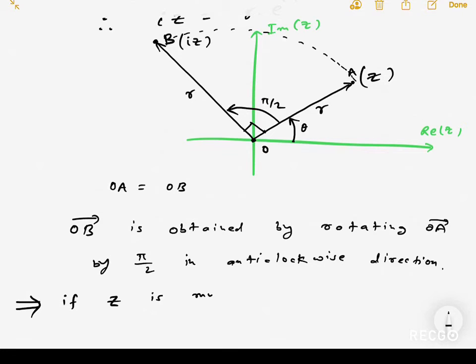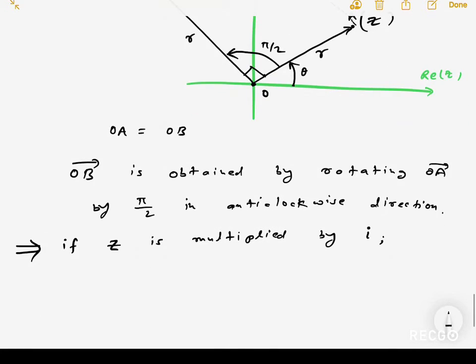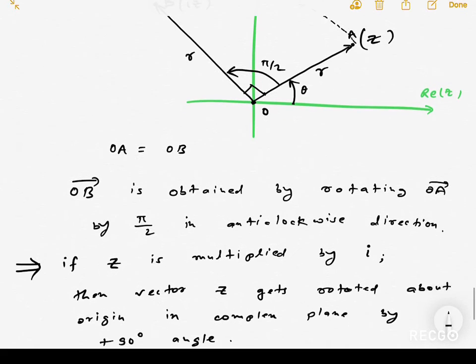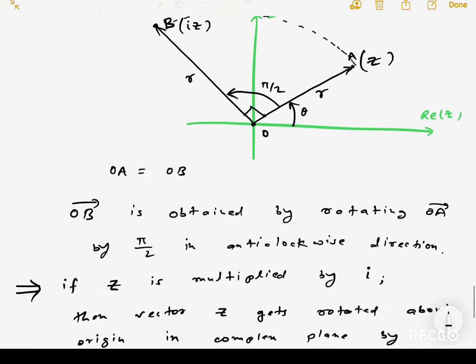So if z is a complex number which is multiplied by iota, then the new complex number, that is iota z, is obtained by rotating the vector z by an angle 90 degree, or you can say the vector z gets rotated about origin in a complex plane by positive 90 degree in anti-clockwise direction, right? So this is the rotation concept. Very easy, very simple.